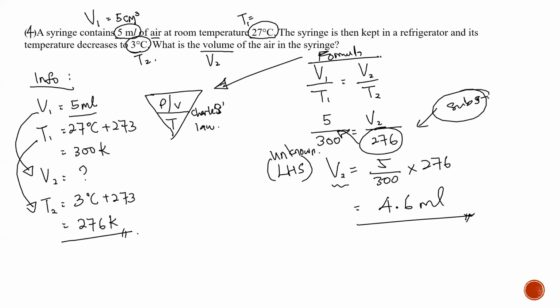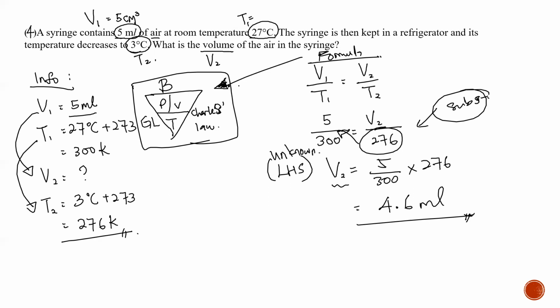The formula comes from the triangle. P over V, Gay-Lussac. P over T, Gay-Lussac. P times V, Boyle's. Gay-Lussac, Boyle's, and Charles'. Okay, so today we just learn how to use the formula.